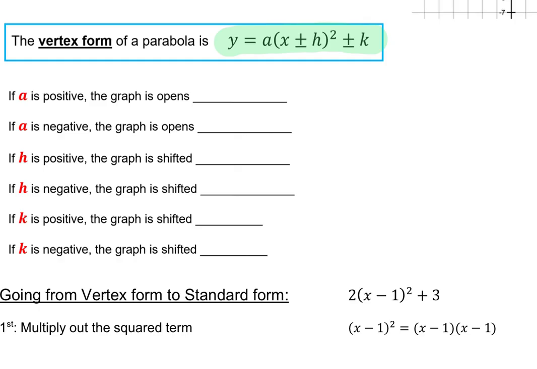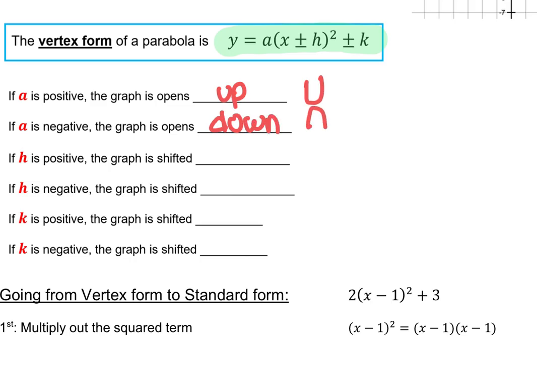So it says if A, so we're starting right here in the beginning, if A is positive, the graph opens how? Right, it opens up. If A is negative, again, we're talking about this number in front of the parenthesis. If it is negative, it opens, yes, down, right? That's going to look like that.